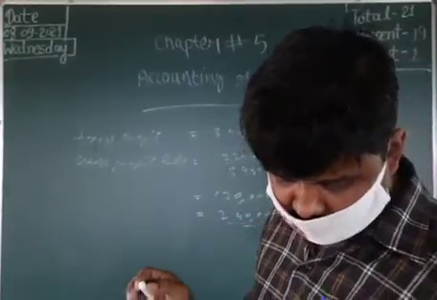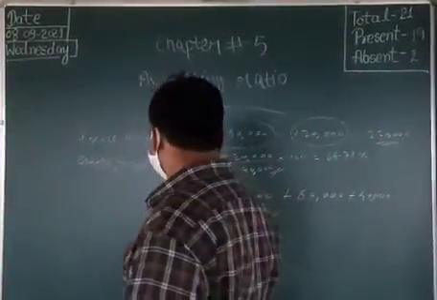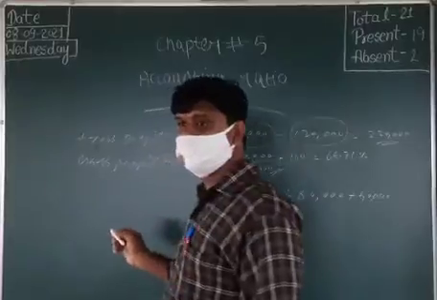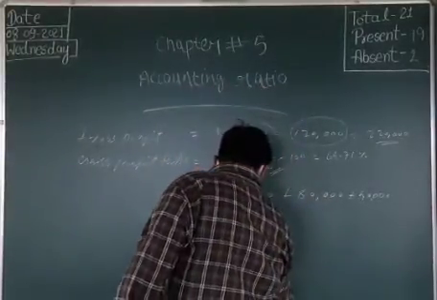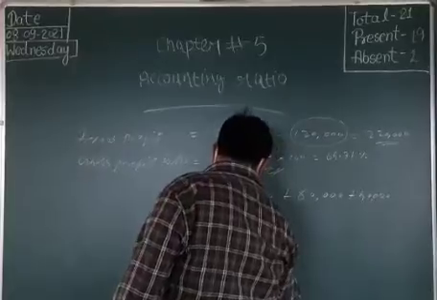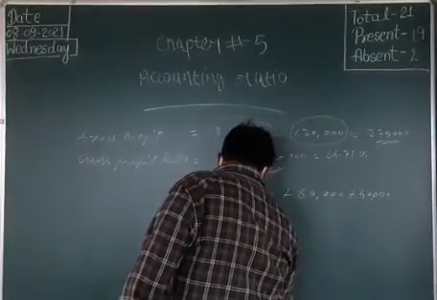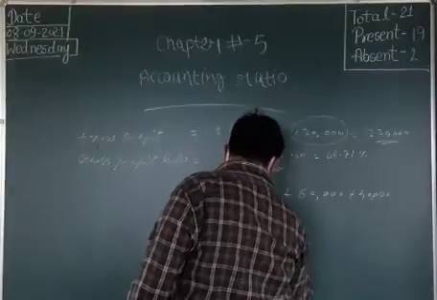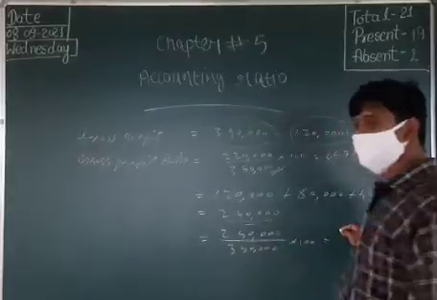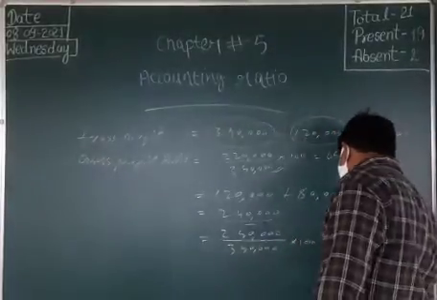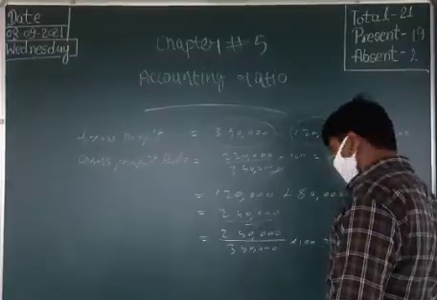So now we can directly apply the equation: 2,40,000 upon 3,40,000, that is 70.55.